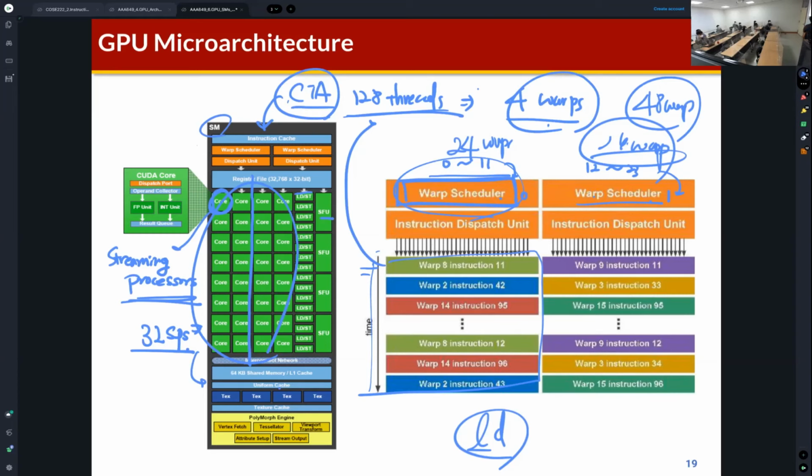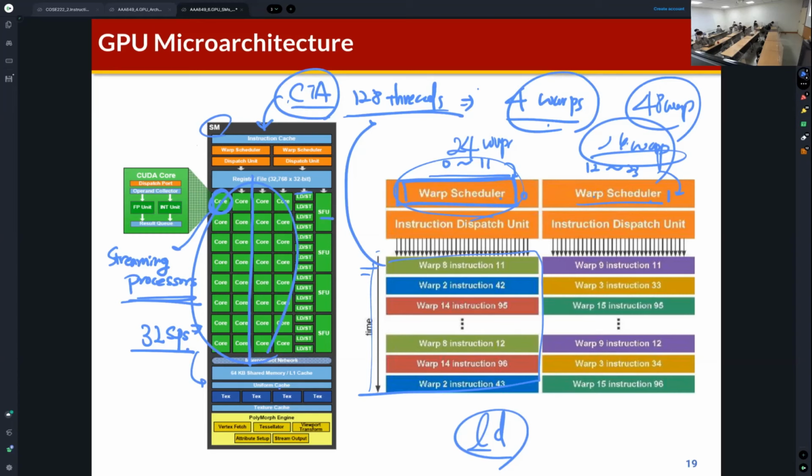That can be true if the latency of a single instruction is less than around 24 cycles. But if the latency of an instruction is longer than 24 cycles, then the GPU cannot hide this latency.